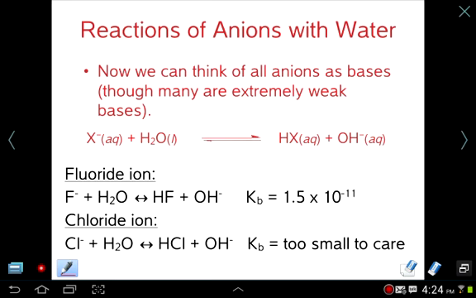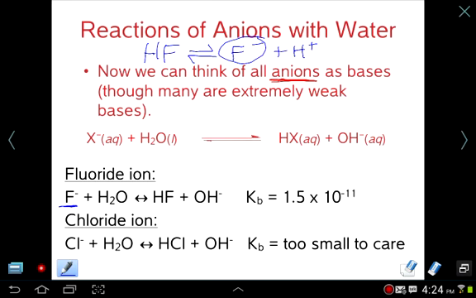Now, because we've defined anions as bases, in other words conjugate bases, HF being an acid leads to a conjugate base, which is F minus. We can now think of these anions as bases in their own right.